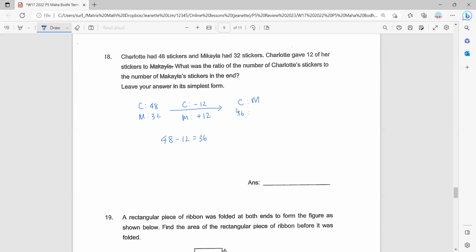Then Michaela will be plus 12. It's 44. So in this question, although the total is the same, we're not using the total to solve this. So you simplify, divide by 4. This is 9. This is 11. So the answer is 9 to 11.